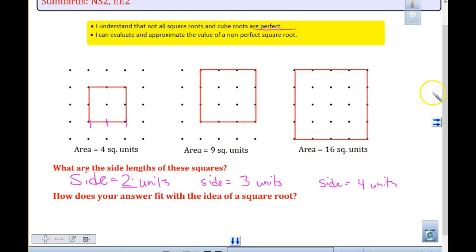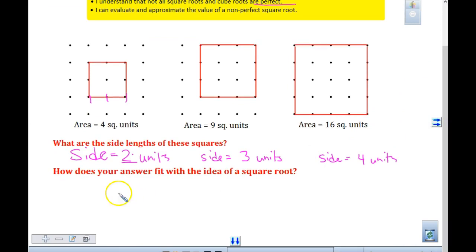So, how does the answer fit? We take the side is equal to the square root of the area. Or we might write it this way. The square root, please, of the area equals the side.